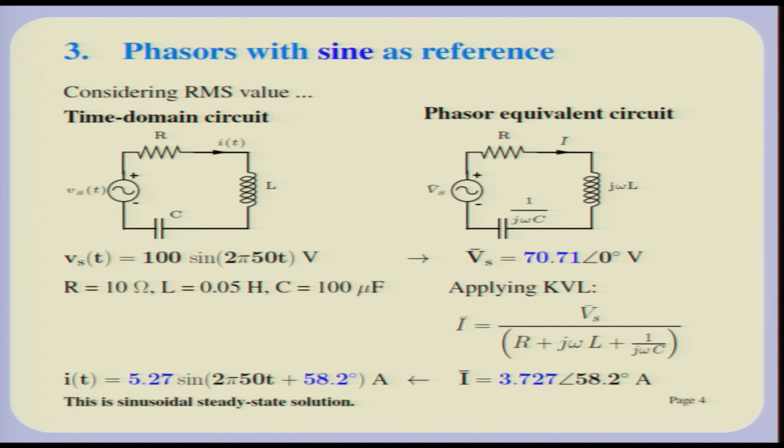So if you got a single frequency sinusoidal input and you are trying to compute the sinusoidal steady state solution, what you will find is in fact that some books use the RMS value when they define a phasor.